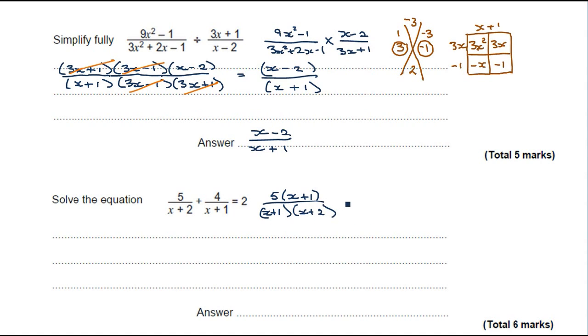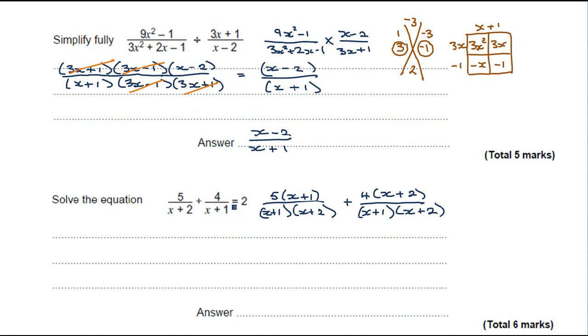So let's start here by just making that expansion nice and clear. So we've got 5 times x plus 1 over x plus 1 times x plus 2. That's the first one. Second one is 4 times x plus 2 over x plus 1 times x plus 2.